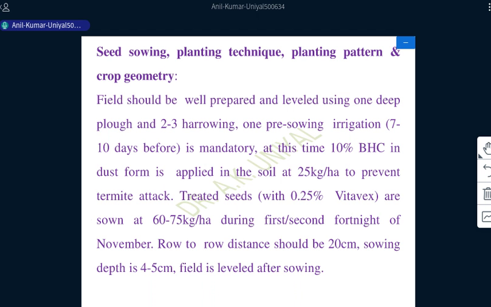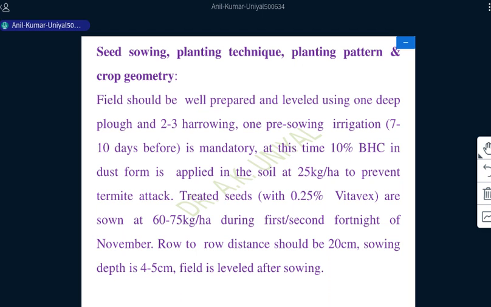Then we come to seed sowing, planting techniques, planting pattern, and crop geometry. This is about how much distance should be there between row to row, and what should be the depth of seed sowing. The field should be prepared and leveled, and one deep plough is conducted, followed by 2 or 3 harrowings.